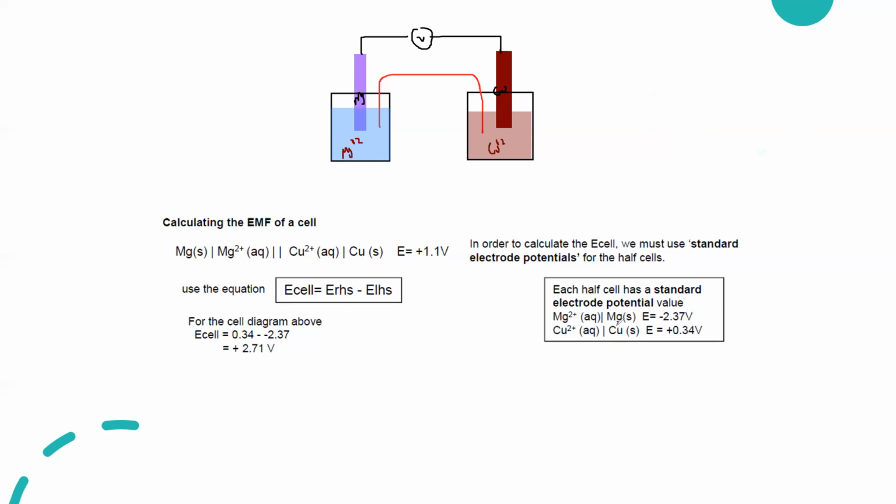So for example, the electrode potentials are given for magnesium ion to gain electron and change into magnesium atom. The electrode potential is given as minus 2.37.